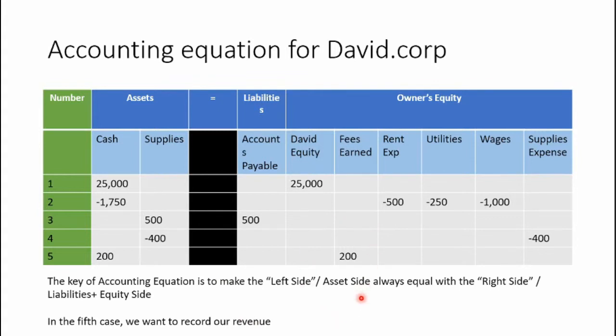revenue here. And since the payment for the revenue is received in cash, we will note it as an increase in cash and also an increase in revenue, which is in the column of fees earned on the owner's equity side. We still make things balance between the left side and the right side, and that is what is important.